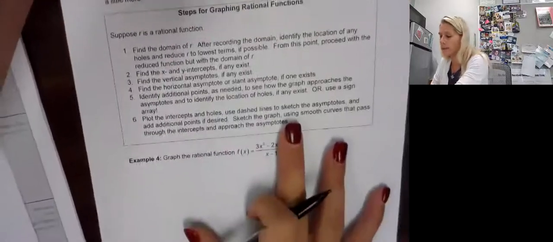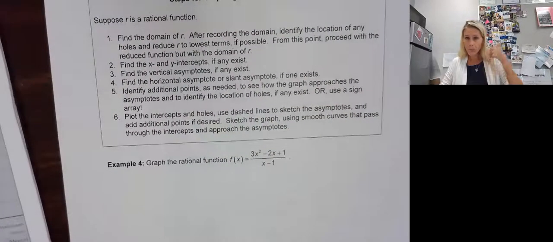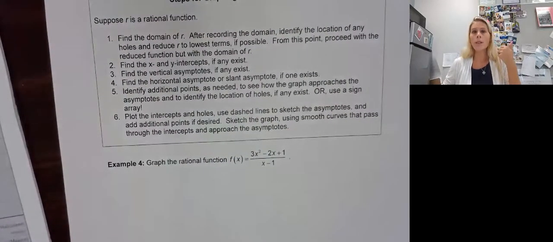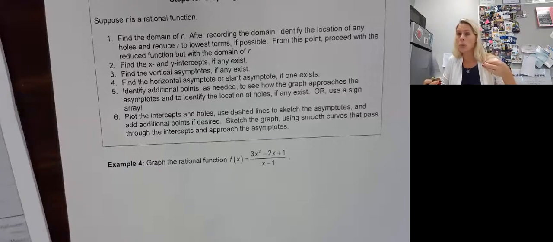Remember we did domain, we reduced, we do our x-intercepts, y-intercepts, vertical asymptotes, horizontal asymptotes. In this case, now we're also going to do holes, right? And then we start plotting. And then sometimes we have to plot an extra point just to see.